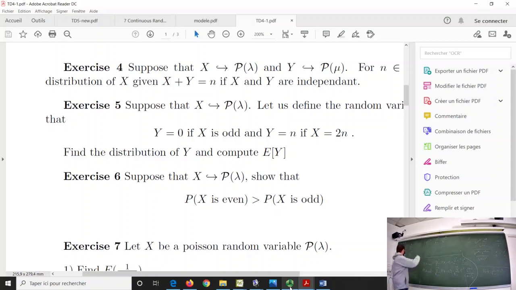And at the end, if I do exactly the same thing as here, it's the sum from k equal to 0 to plus infinity of x to the 2k over 2k factorial, minus the sum from k equal to 0 to plus infinity of x to the 2k plus 1 over 2k plus 1 factorial.